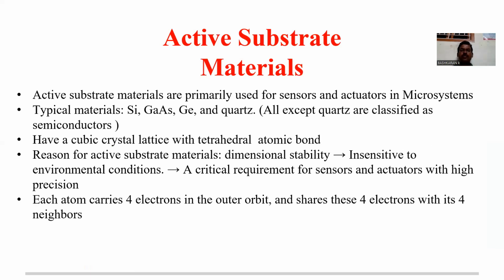All are semiconductors except quartz. They have a cubic crystal lattice with threaded atomic bonds. The reasons for active substrate materials are dimensional stability and insensitivity to environmental conditions, a critical requirement for sensors and actuators with high precision. Each atom carries four electrons in the outer orbit and shares these four electrons with its four neighbors.